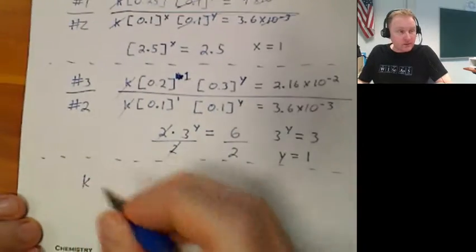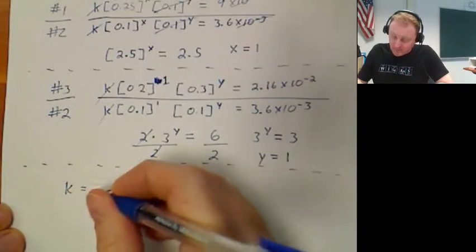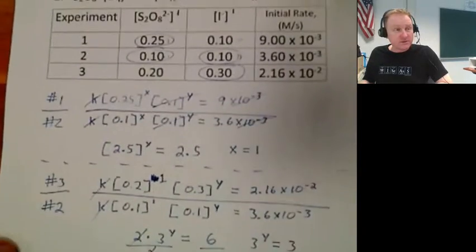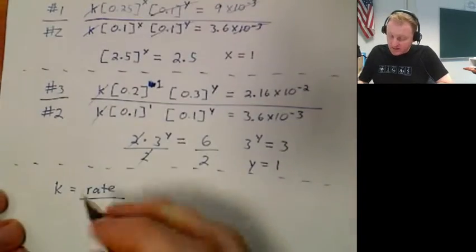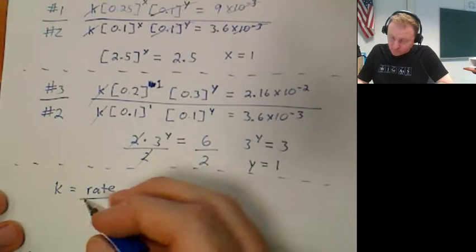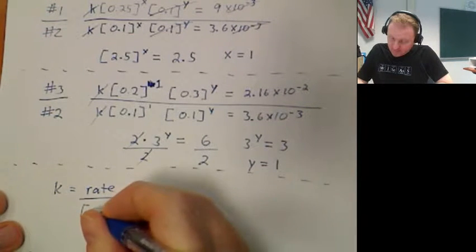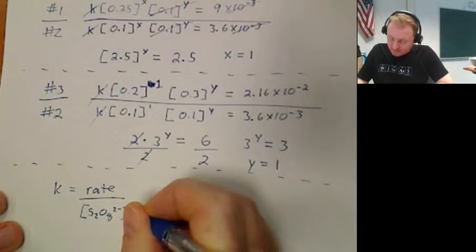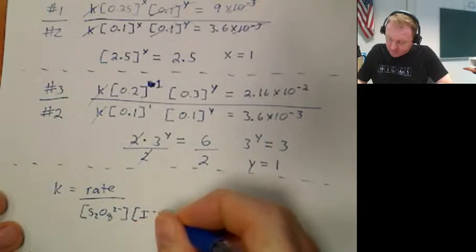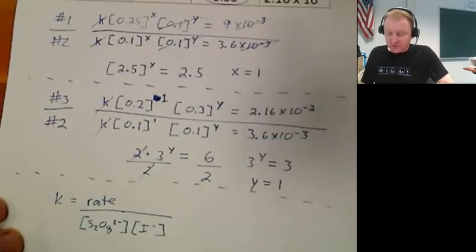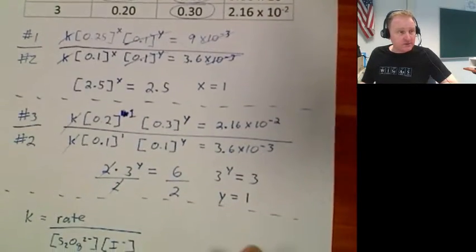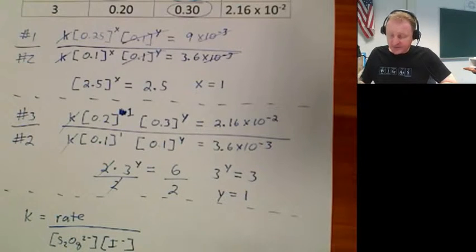K will equal the rate over, in this one, since they're both first order reactants, it would be over both reactants, and they're both first order, so we can just leave it at that. So let's just choose, I'll do the third one just because we can kind of fit it on the screen here, but you could choose any one of them.